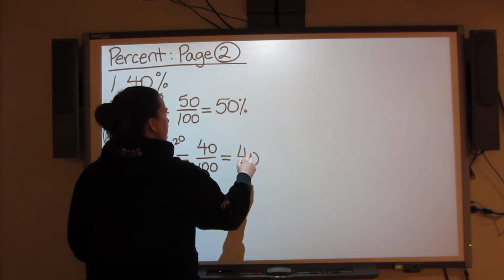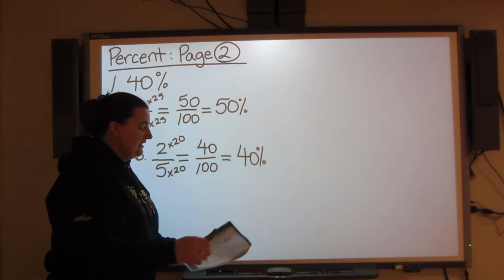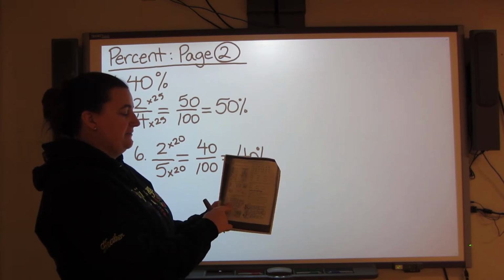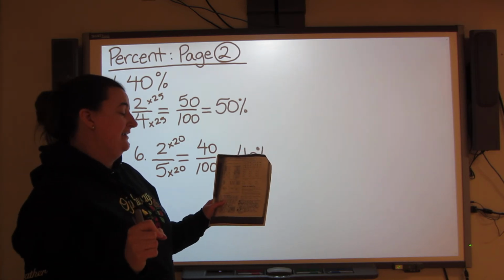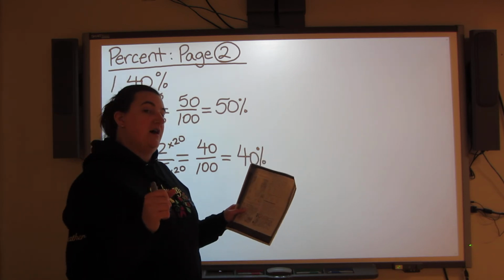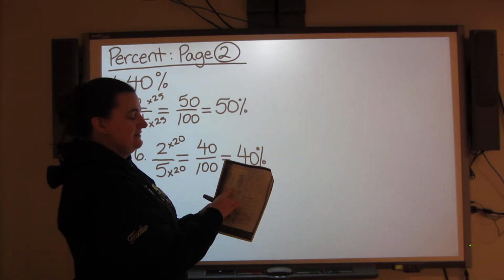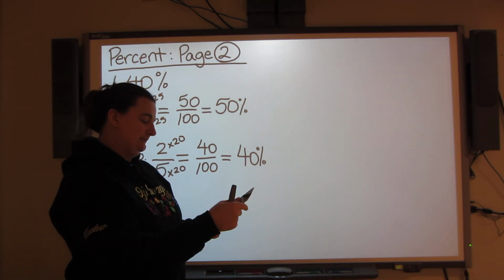So now I've got 40%. So this is where number 11 asks you to look at the pictures that you just looked at and figure out which part is not shaded. So for that, that's number 6, 40% is not shaded, it's not colored in.